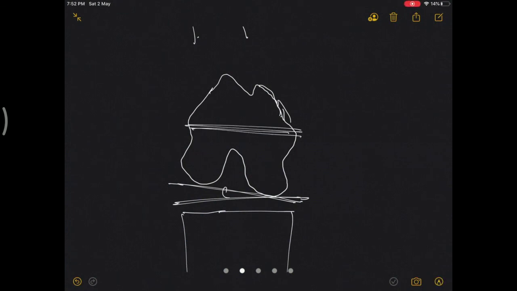Okay, so for this 3-degree external rotation, you have a dial on that sizer and you dial it, and it has 2 holes for anterior referencing and posterior referencing. So you will use one of them, as you decide whether you are using anterior referencing or posterior referencing, and you put in K wires or small Steinmann pins. You use K wires in those holes, and you replace this sizer with a 4-in-1 cutting block.